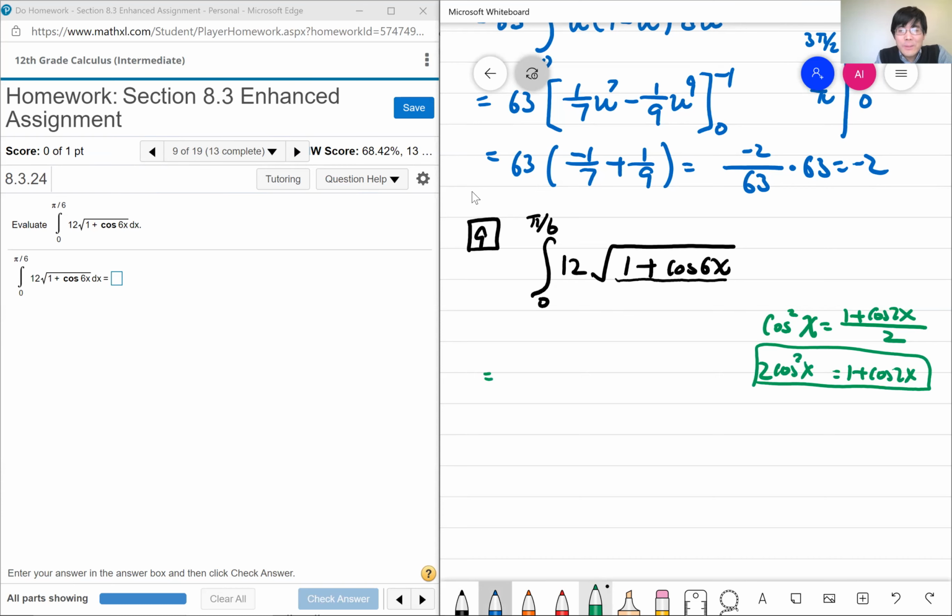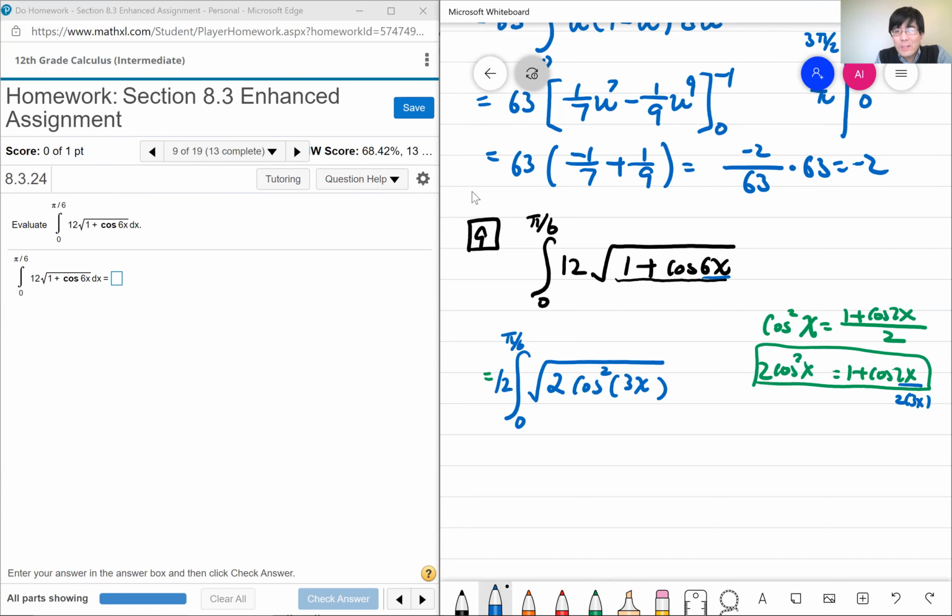So this is becoming 0 through pi over 6. 12 can be put out. So inside it becomes 2 times cosine square of, instead of 2x, you have 6x here. So it's going to be 2 times 3x should be used instead. So here going to be 3x.